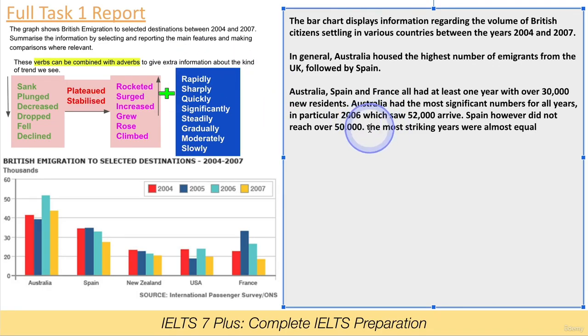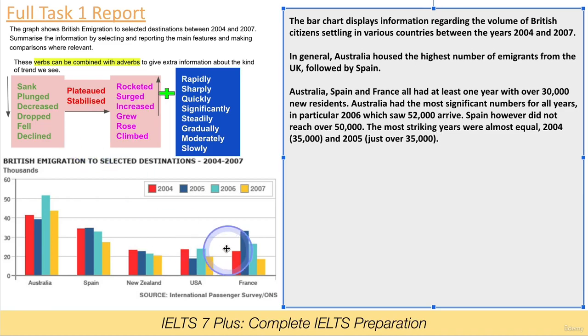Maybe we could do a full stop here just to save it from being too convoluted. The most striking years were almost equal. 2004, let's say 34,000, and 2005, maybe 34 and a half. It's so close. Or just over 34. Or maybe we can say 35 actually. Just over 35,000.